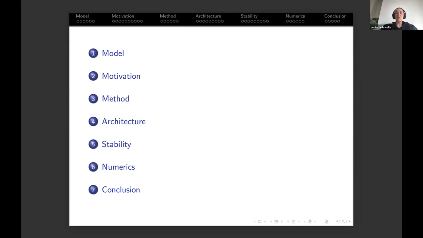Then I describe more precisely the method, combining variational approaches and neural network approaches. Then I present the architecture of the neural network. I will discuss a stability theoretical result and illustrate this result with numerical experiments.